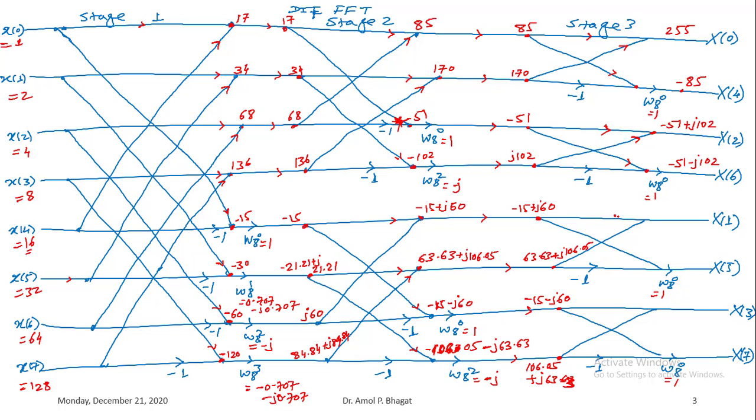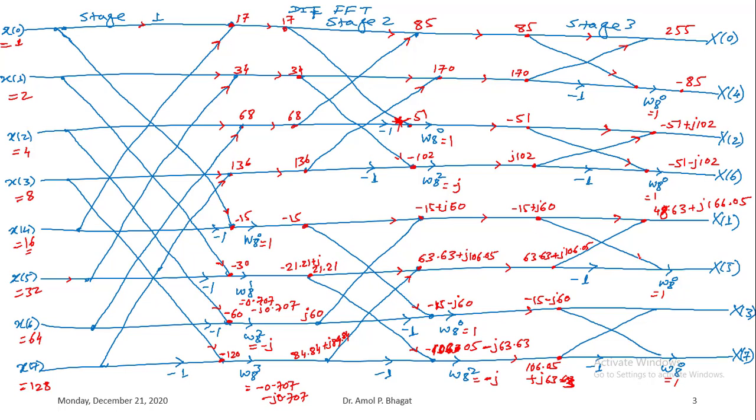Here this minus 15 plus J60, right, will get added with 63.63, so minus 15 plus 63.63 will be 48.63. Okay. And this J60 plus J106.05 will be plus J166.05, right?